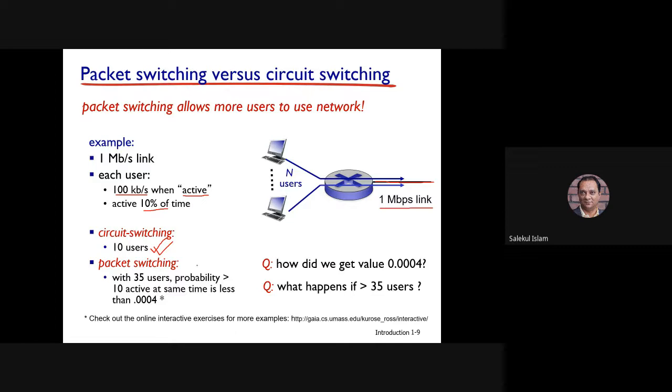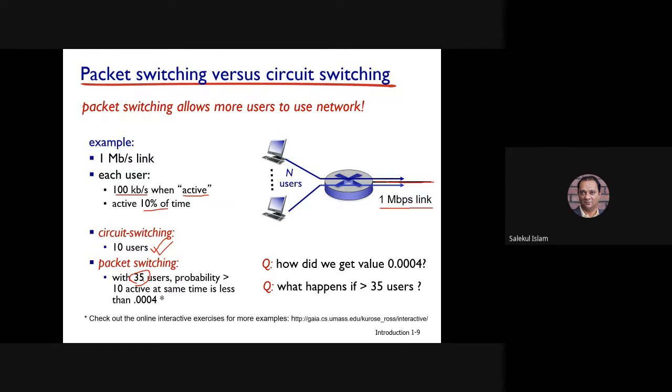So here, using those probability calculations, they have found that if you have 35 users in total, then the probability that among those 35, 10 will be active at a time.